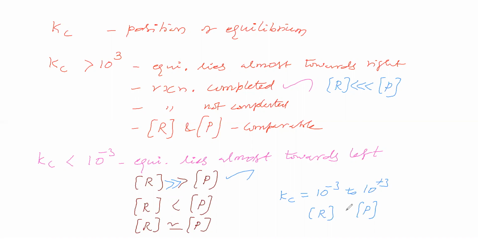Which shall we say in general? It is not accurate; accurately we cannot say. In general you are saying comparable. So using the equilibrium constant we can predict the concentrations of reactant and product to some extent.